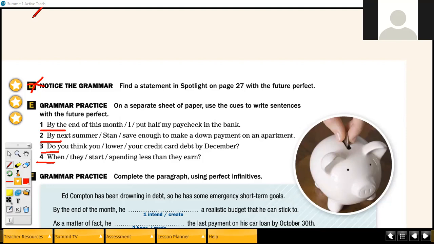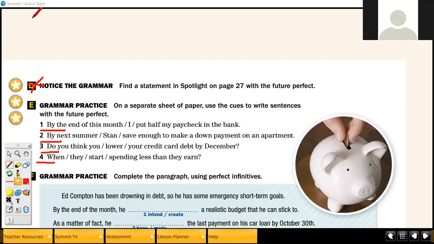Sí, pero ¿cómo lo expreso en el tiempo perfecto? Do you think you will have lower? No, lo que pasa es que lower no es verbo. Ah, no, sí, lowered. Habrás bajado, lowered. Entonces lowered es regular. Aquí sí es verbo, aquí sí se aplica como verbo.